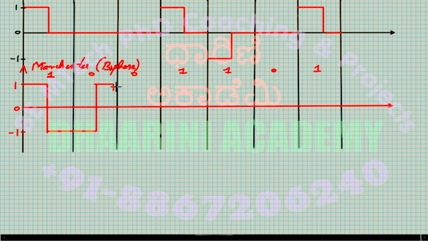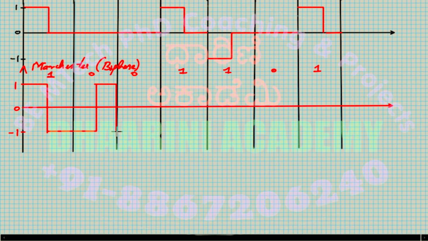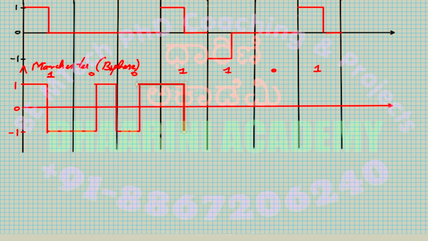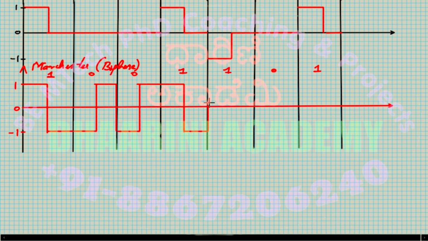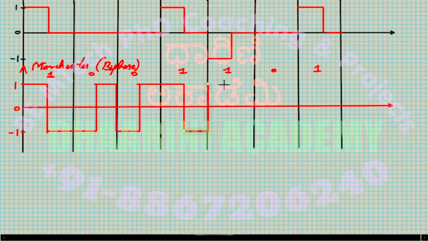So I'm once again getting a 0, which means I have to repeat the same thing. First half I'm going to send the -1, then I'll shift to the +1. Repeat that. This goes till here. Now I see that my next one is 1, so I have to send like this. Next, once again, I have +1, so I'm going to send it in this format.